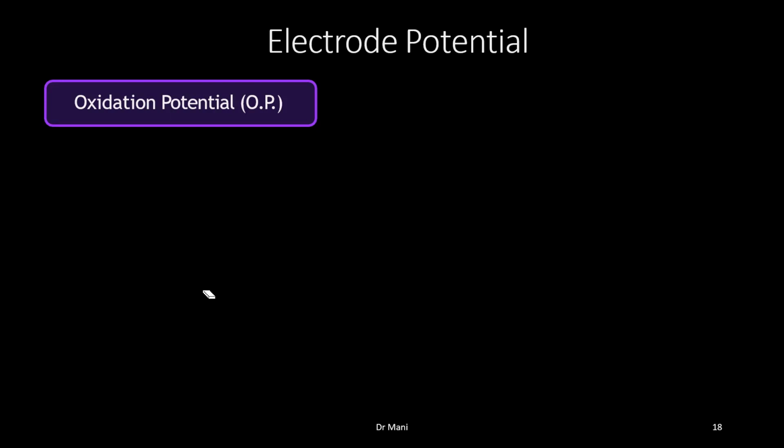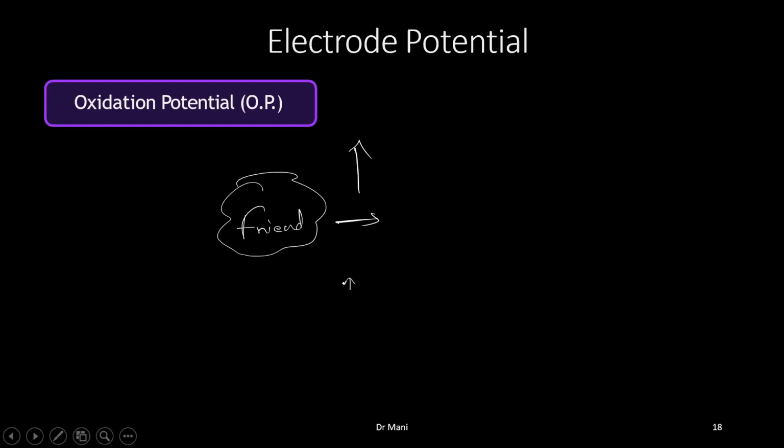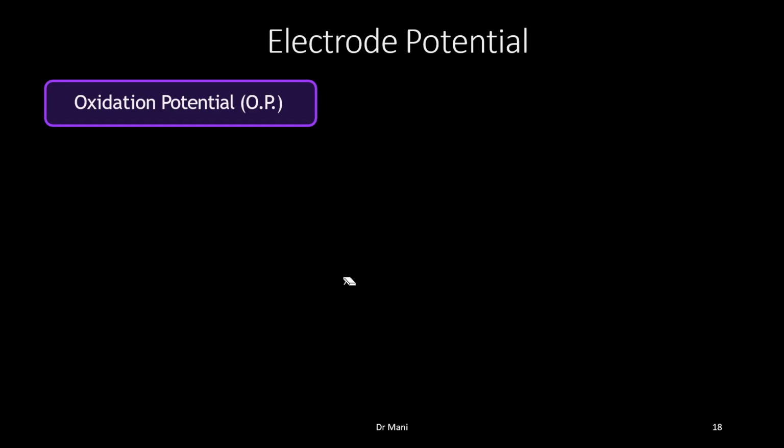Suppose you have a friend who has some influence to get money. If he has greater potential, he will get a great amount of money easily. If he has less potential, he will get less money with some hard work. The same way here, oxidation means removing electrons. How easily you can remove the electrons, that's the oxidation potential.